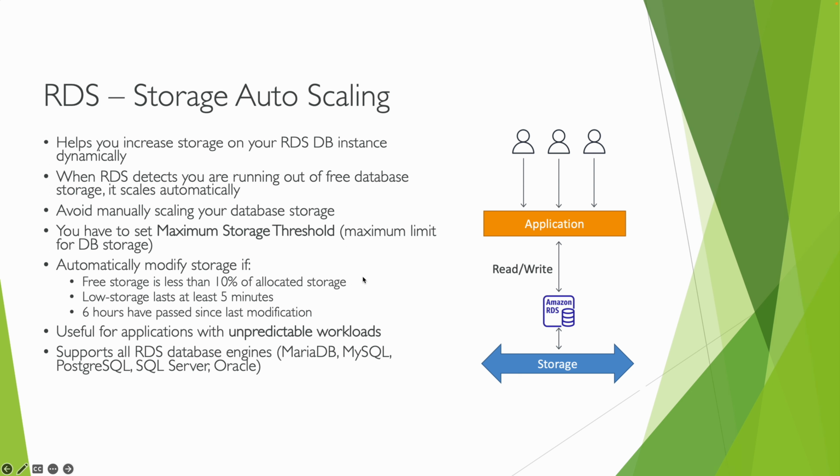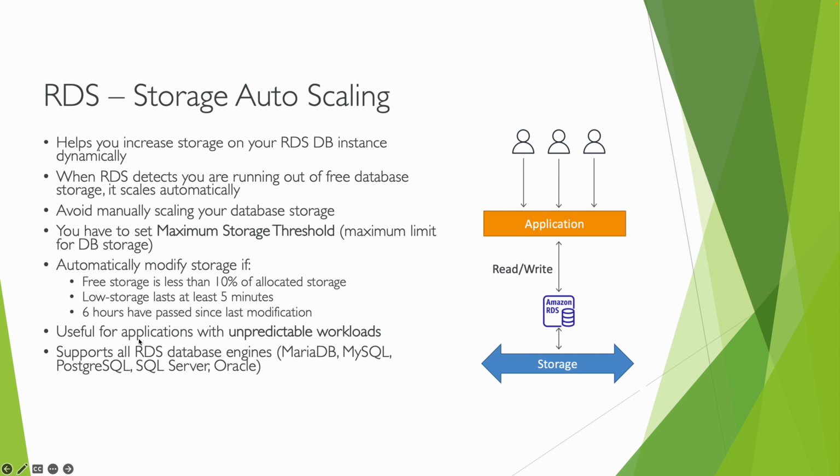Say if your database is 100 GB, whenever it crosses 90 GB, that means only 10% of allocated storage is left, then it will expand. Second, low storage lasts at least 5 minutes. And third, 6 hours have passed since the last modification. Based on these three conditions, it will do its automatic scaling for the storage.